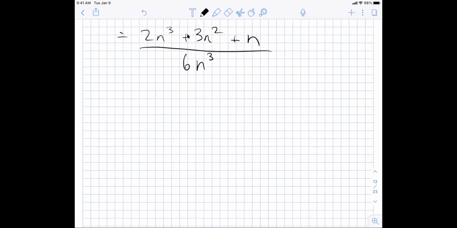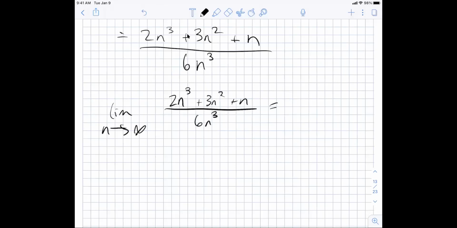If you want, you can factor an n out from the top and cancel that with one of the n's in the bottom. But really, the ultimate question was, what is the limit as n goes to infinity of that sum? Well, that's the same as the limit as n goes to infinity of 2n cubed plus 3n squared plus n divided by 6n cubed, right?